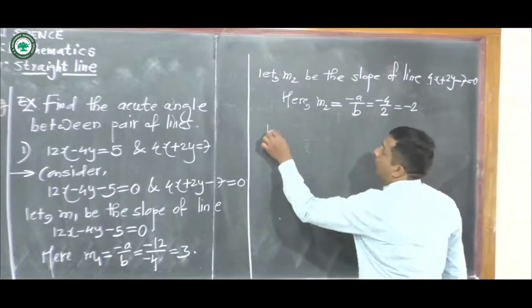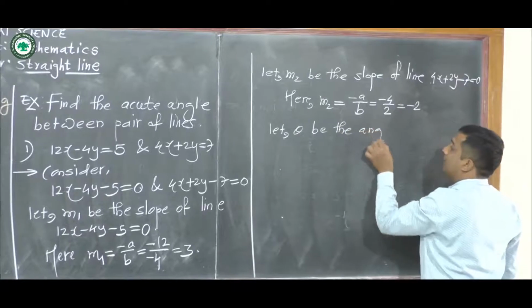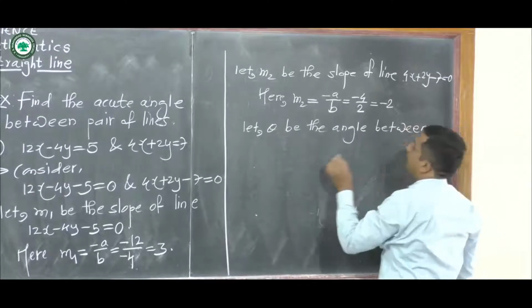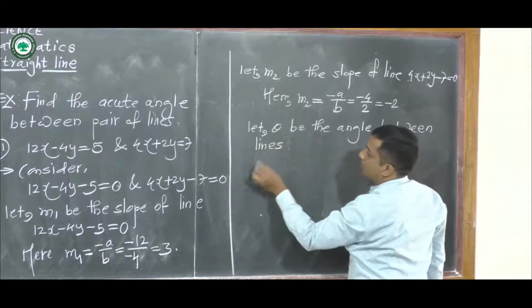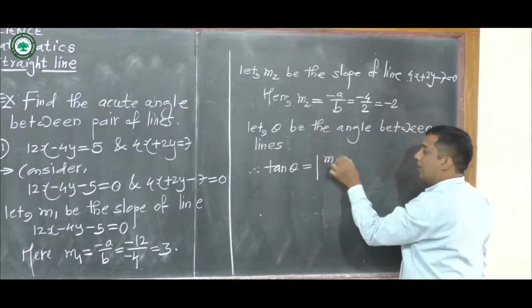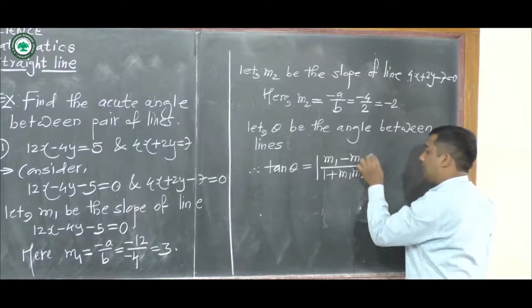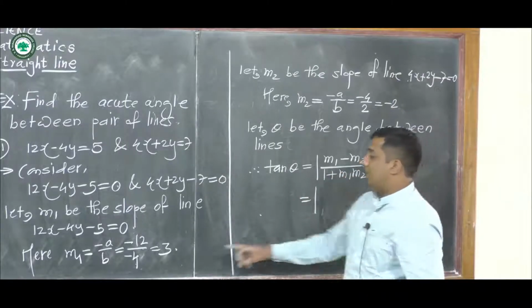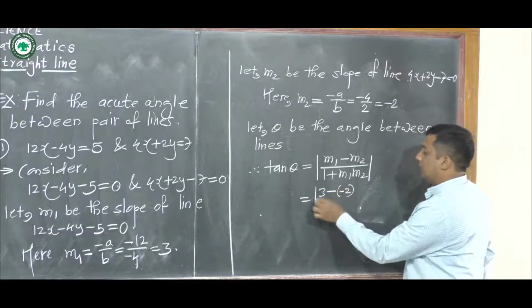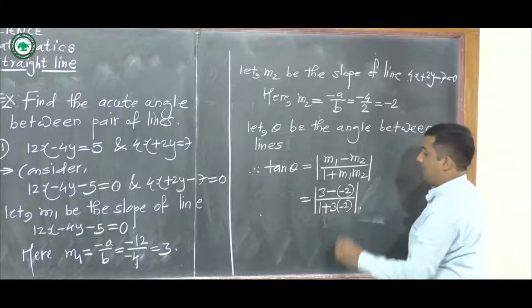Therefore tan theta is equal to mod of m1 minus m2, divided by 1 plus m1 m2. Now we replace m1 by 3 and m2 by minus 2, so 3 minus minus 2, divided by 1 plus m1 is 3, m2 is minus 2.